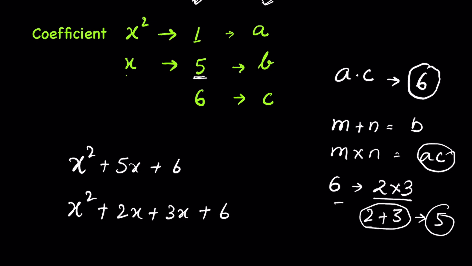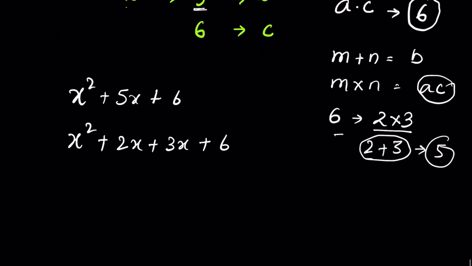We are adding because here we have addition. Now x square means it is x times x, plus 2x is 2 times x, plus 3x is 3 times x, plus 6 you can write 2 times 3.